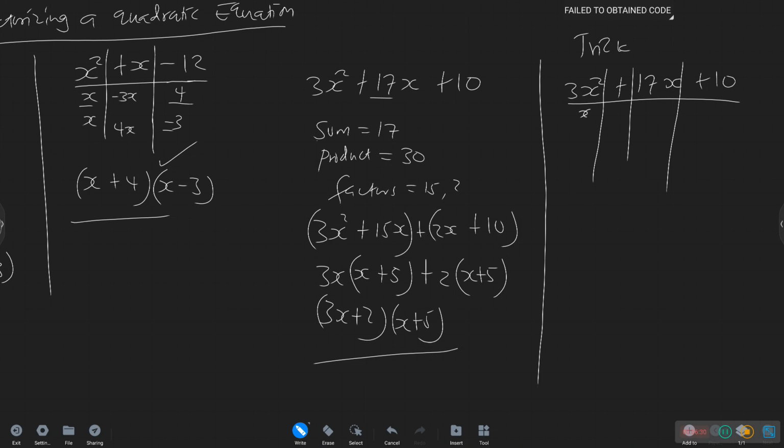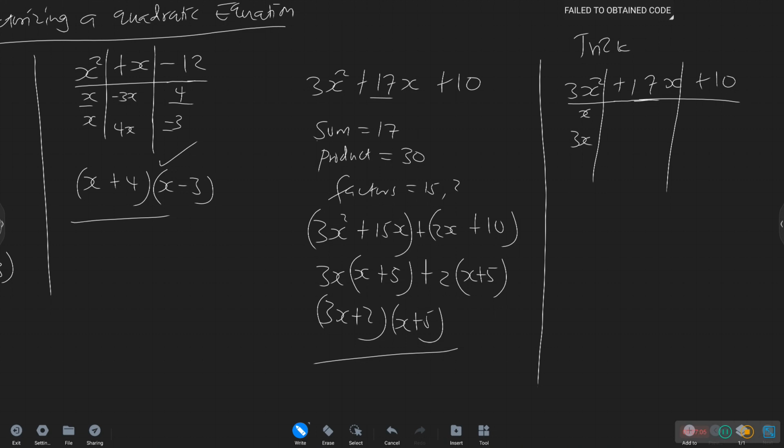The smaller is just x. x times 3x will give you 3x squared. This vertical line should not be here. So it is the way it is there. The 17x that was supposed to be there, it's okay for it to be there.